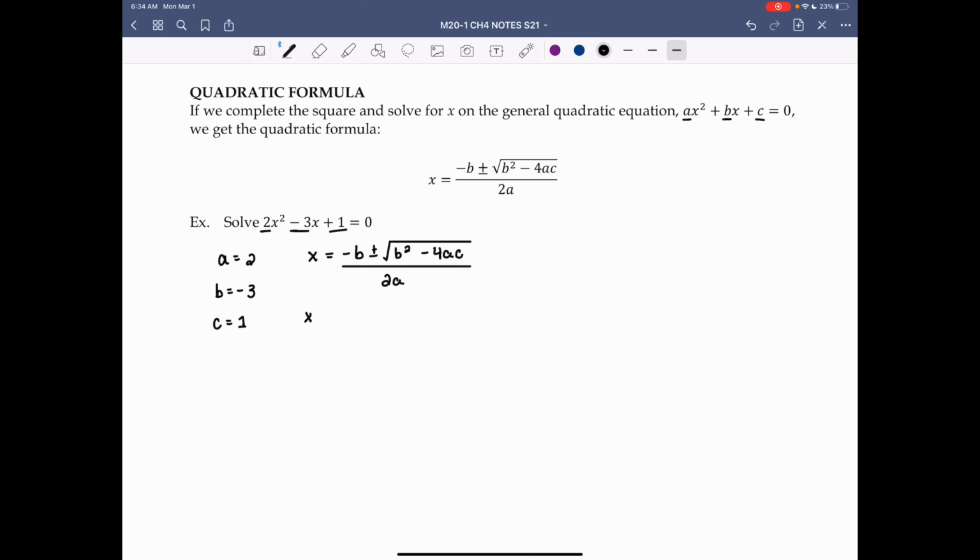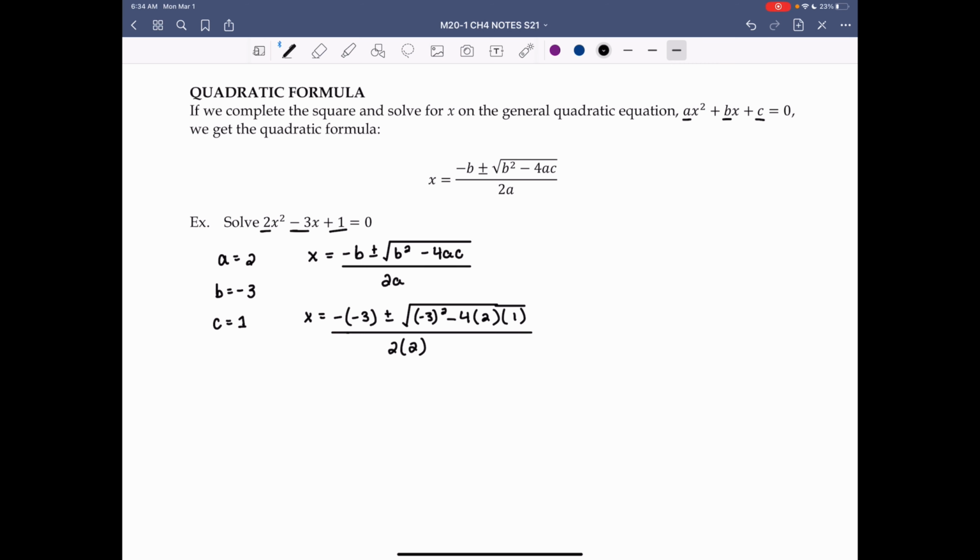So x equals, b is negative 3, so I have negative 3 plus or minus the square root b squared, so negative 3 in brackets squared. Make sure that it's in brackets because it's going to make a difference in your calculator. Minus 4 times a, which is 2, times c, which is 1. All divided by 2 times a, which is 2.